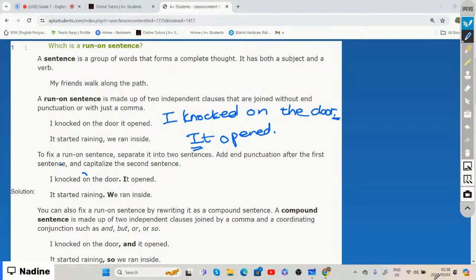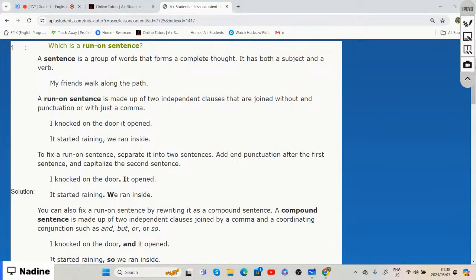All right. If we also want to fix our run-on sentence, we can fix it by writing it as a compound sentence, by joining our two independent clauses and then adding a conjunction, which is either and, to that sentence.